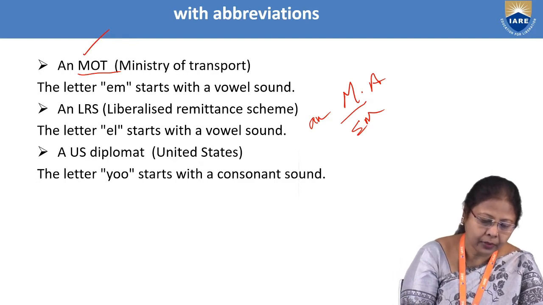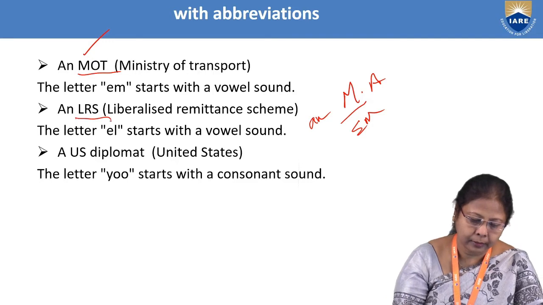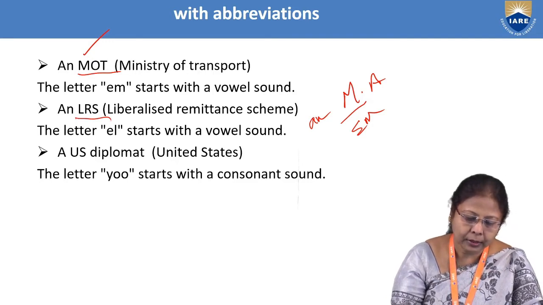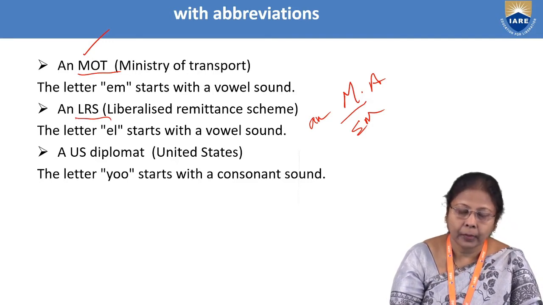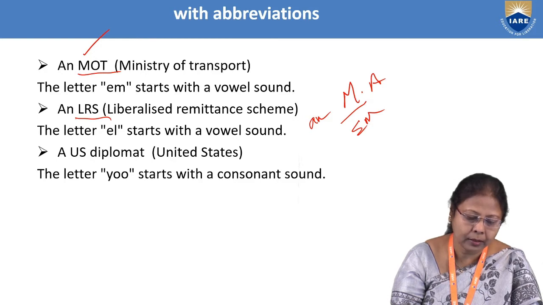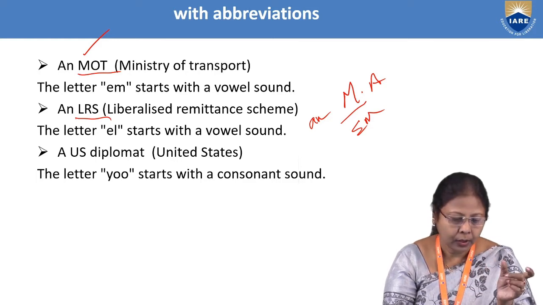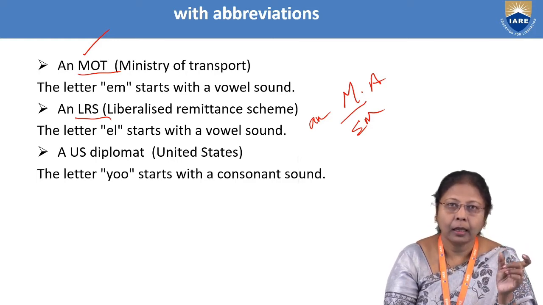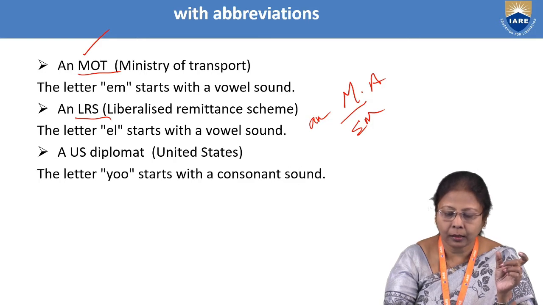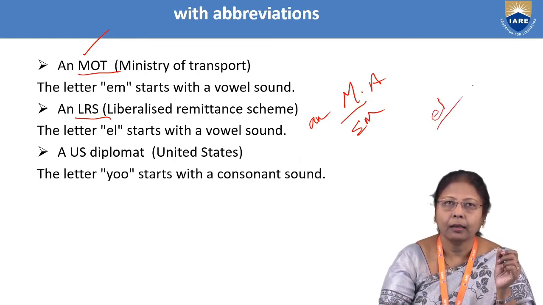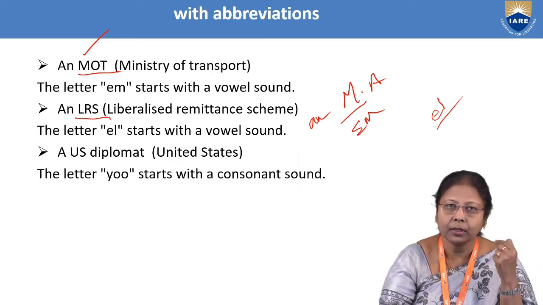And the next abbreviation is LRS. LRS means Liberalized Remittance Scheme. So this is an abbreviation given to this full form. But here L is EL. The sound is L. So this is also a vowel sound.